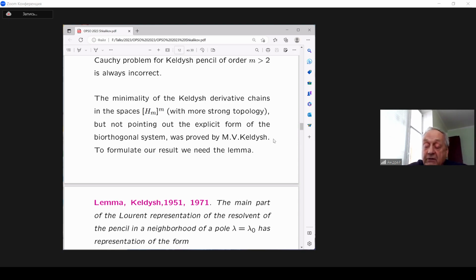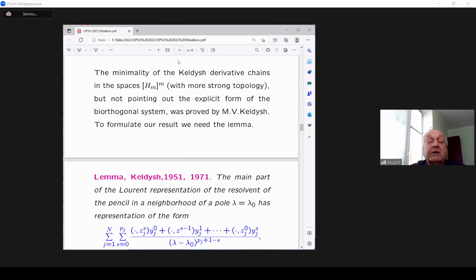Actually, we prove the minimality not only in this space, but in spaces with weaker topologies, and this is a stronger result.